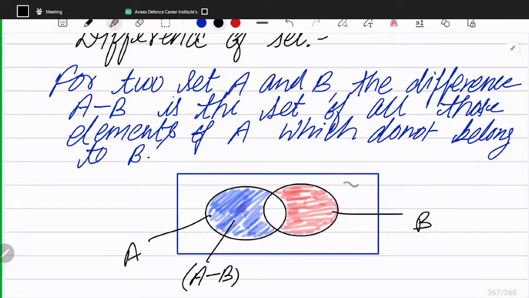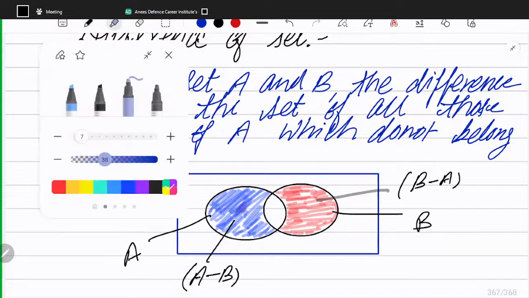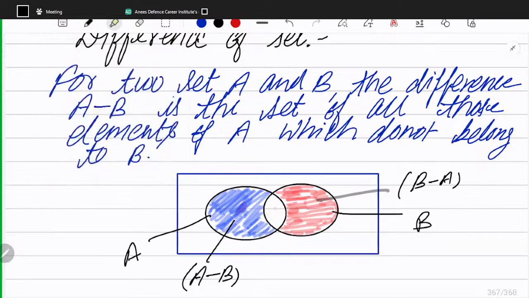This region is B minus A. And this yellowish region is A intersection B.